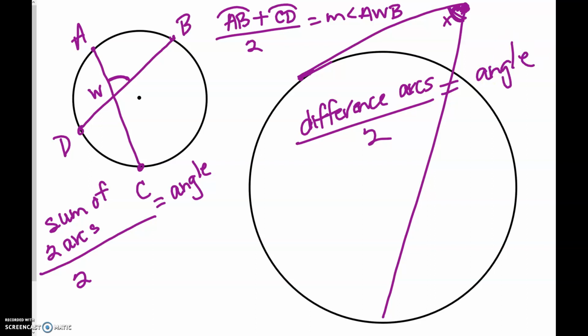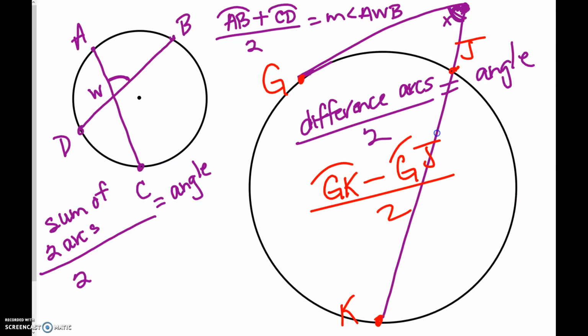Okay, so if I put some letters in here and I call this G, this J, and this K, we take arc GK and subtract arc GJ and divide by 2, and that is going to give you that angle measure x.